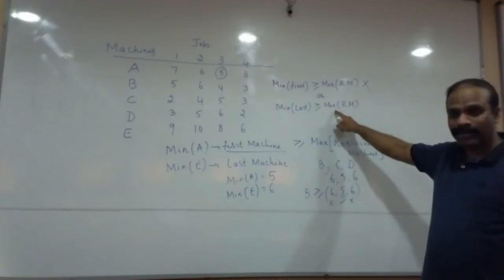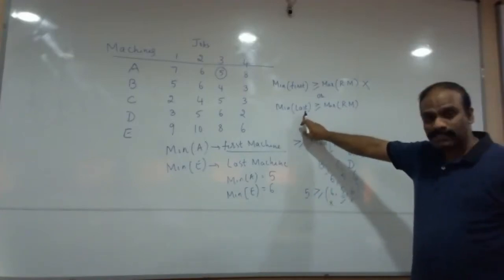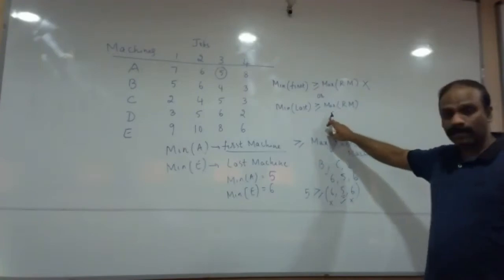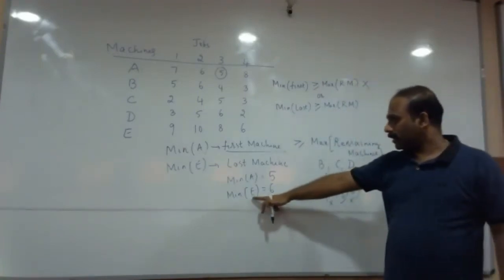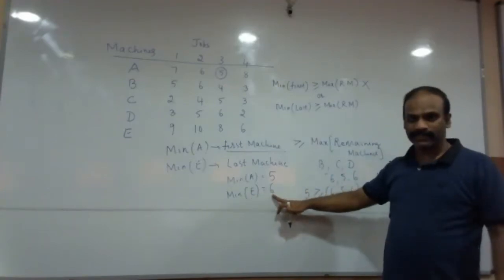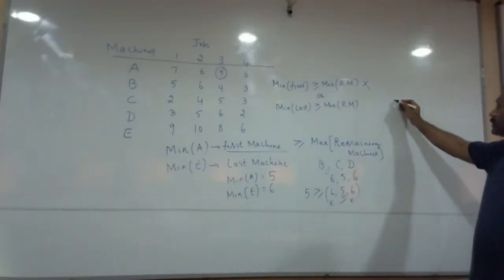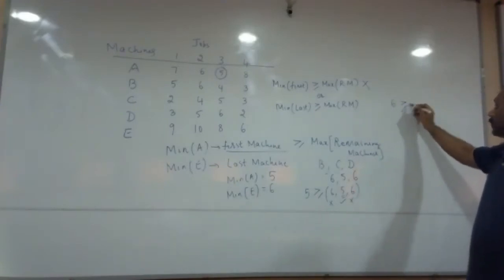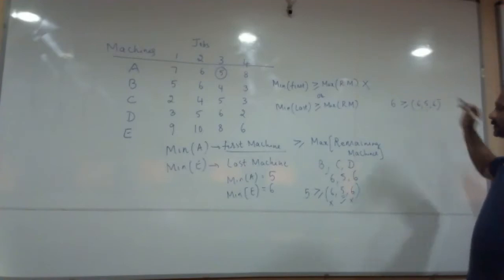Now we'll come back to the second condition. The minimum of the last machine should be greater than or equal to the maximum of the remaining machines. The last machine is E and the minimum value is 6. So 6 is greater than or equal to 6, 5, 6.